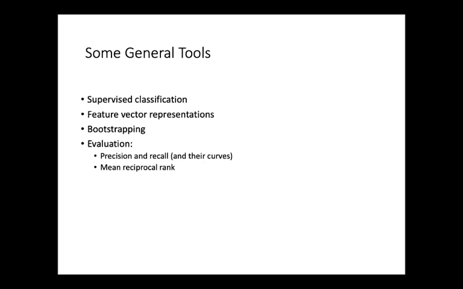There's some applications where an older classifier, even a naive-based classifier or an SVM, performs as well as a neural classifier, particularly in some low data situations. But supervised classification is an important thing to know about. And this came up when we did named entity recognition. It also comes up elsewhere.